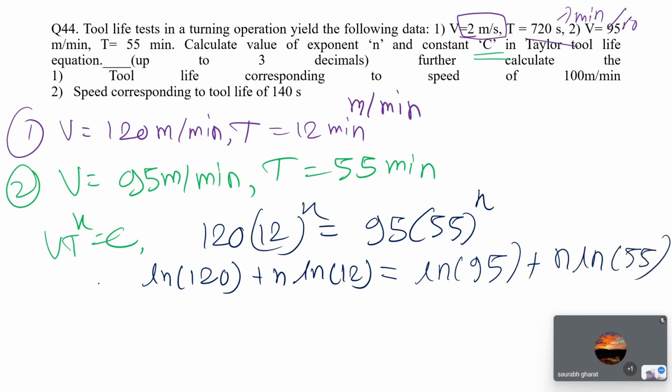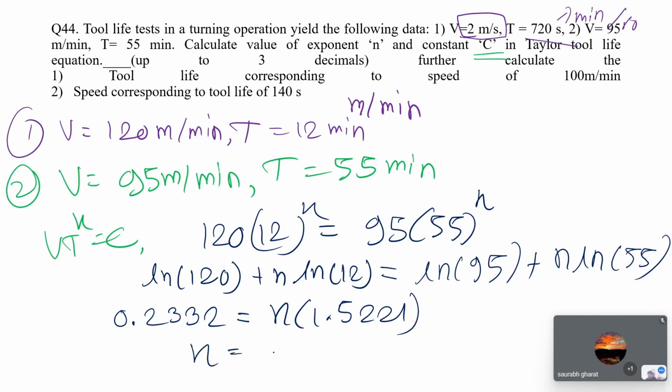Okay, calculate everything and do proper subtractions, and what you got as an answer, it will be 0.2332 is equal to n into 1.5221. Okay, so your n is equal to 0.1532.